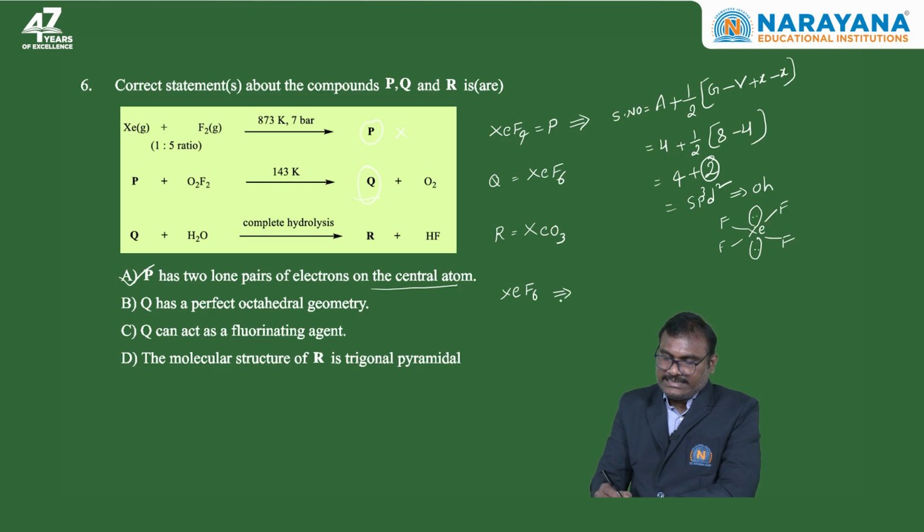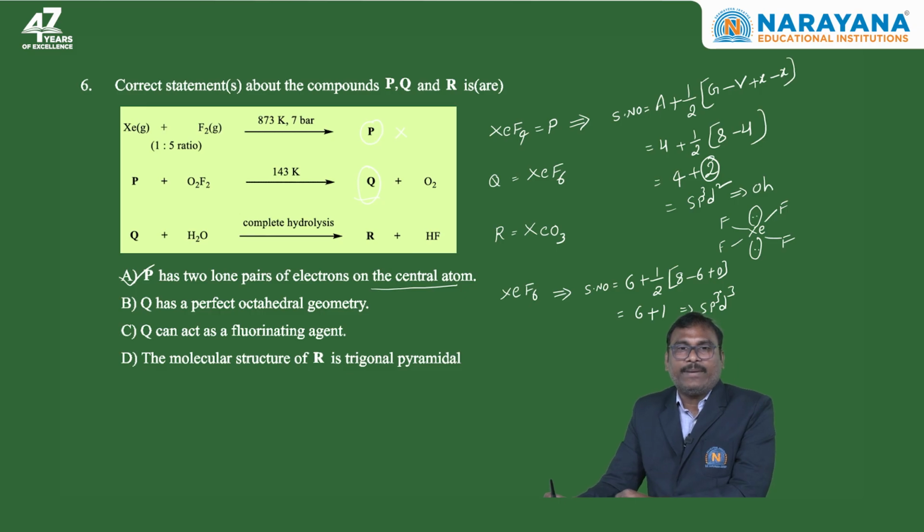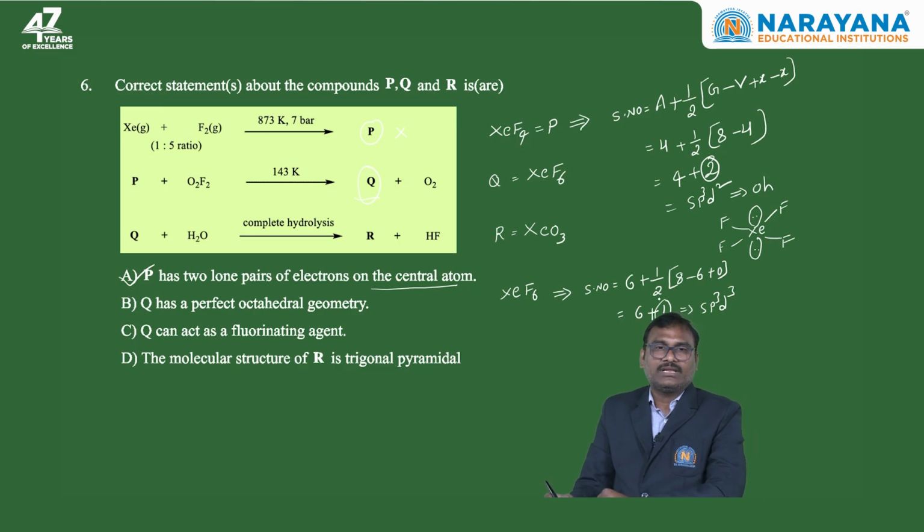Again you apply the same thing, steric number, that is 6 plus half into group number of central atom 8 minus sum of valencies 6, there is no charge, that is 6 plus half 1, that means it should be sp3d3 hybridization, and it should be pentagonal bipyramidal geometry, but due to the presence of one lone pair, it does not have a perfect octahedral geometry.